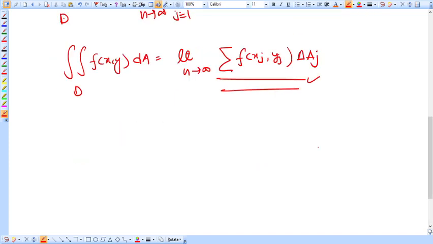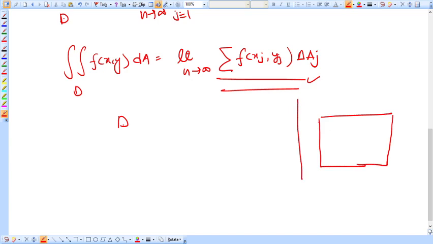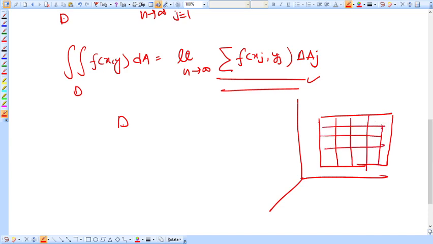Let me take a region for you. If D is a rectangle, then we are going to divide it into n regions.